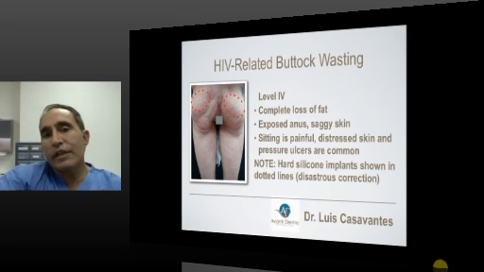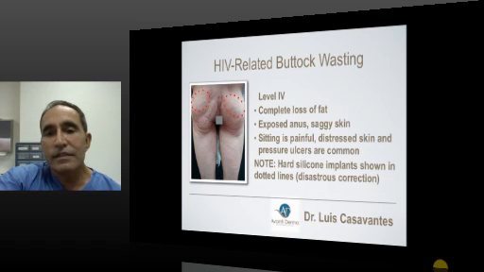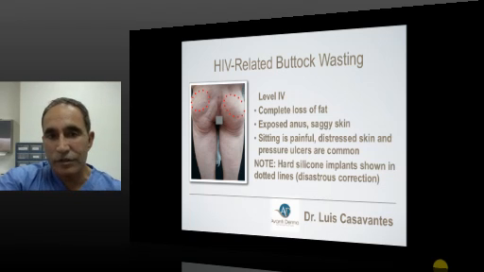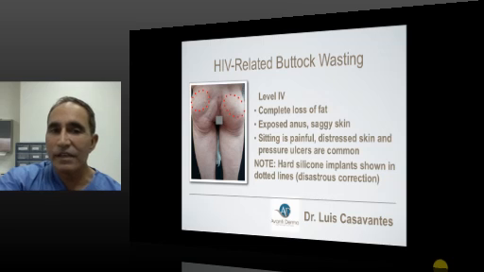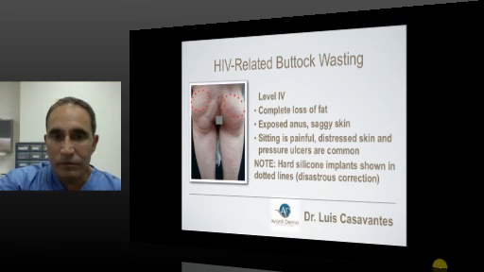In this picture, you can notice some red dotted circles. These patients specifically have hard silicone implants that are shown under the dotted lines. This is what I think is a disastrous correction. We'll address that later.